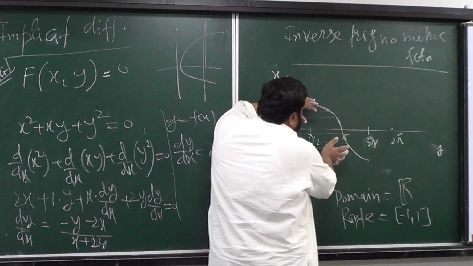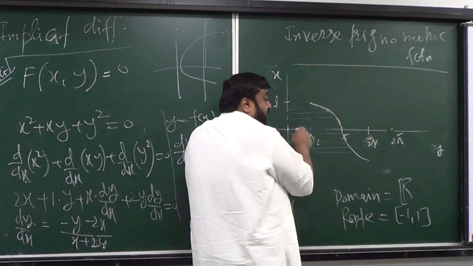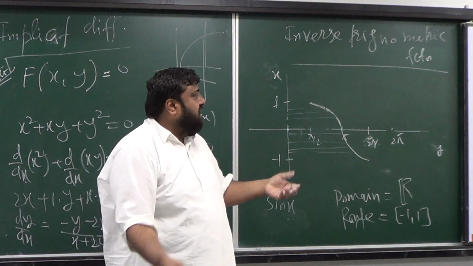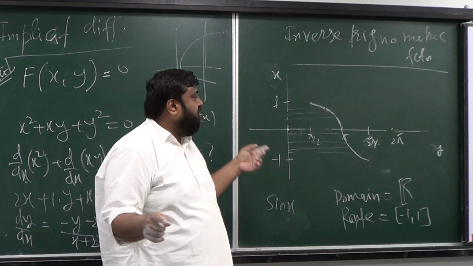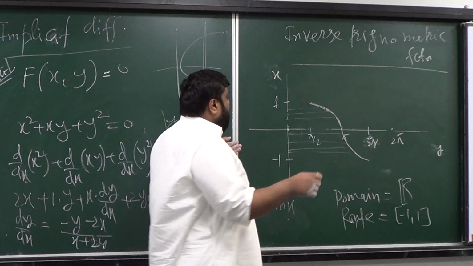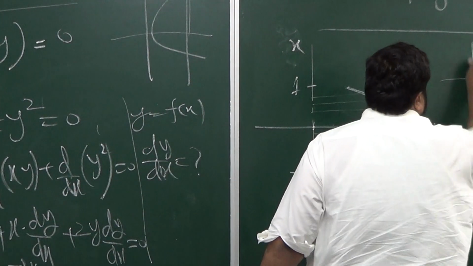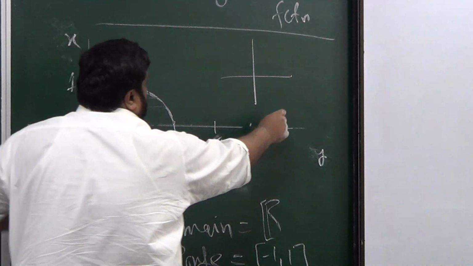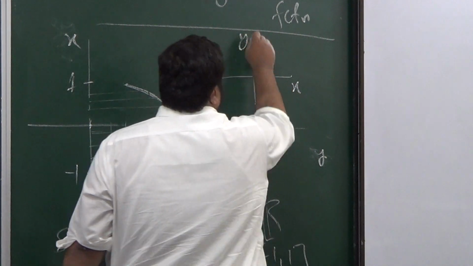You can redraw the same picture, and we did a lot of this practice in our normal class. You have to be very careful while redrawing it. Instead of the x-axis being here and the y-axis being here, try to redraw it with the x-axis being here and the y-axis being here.